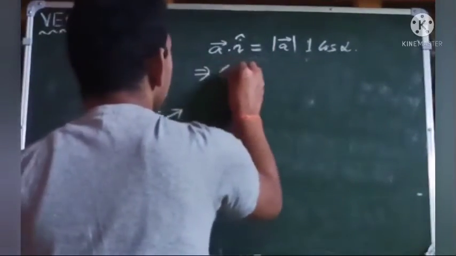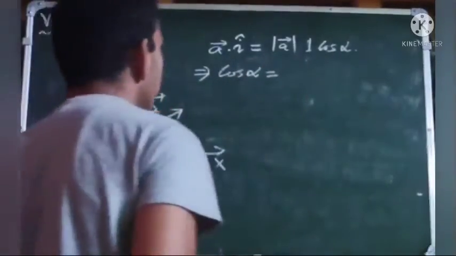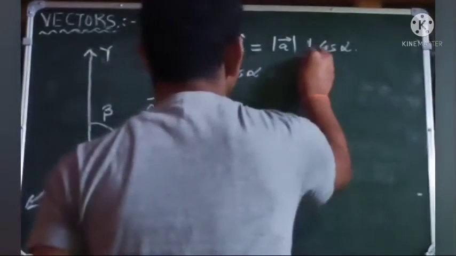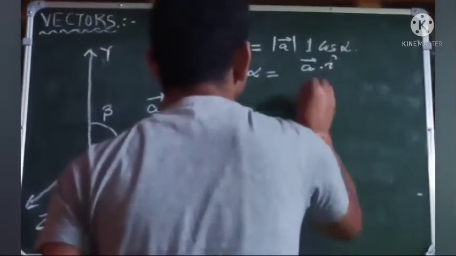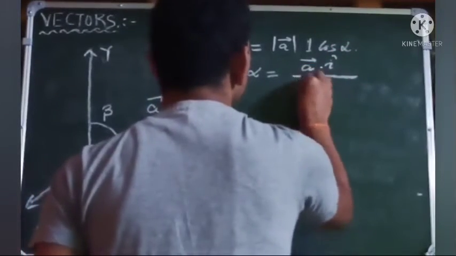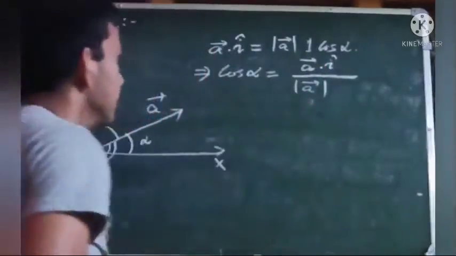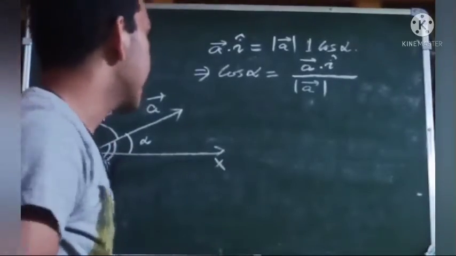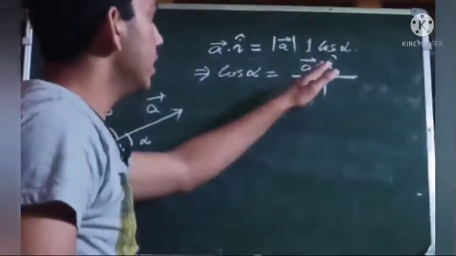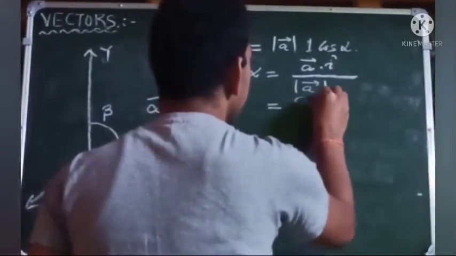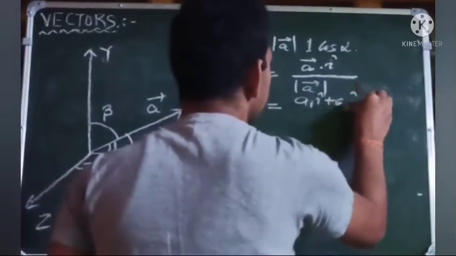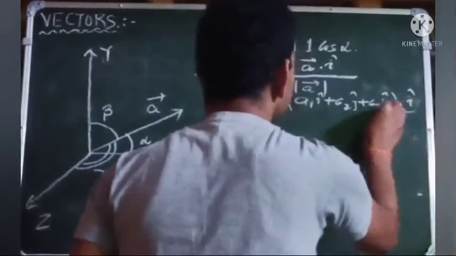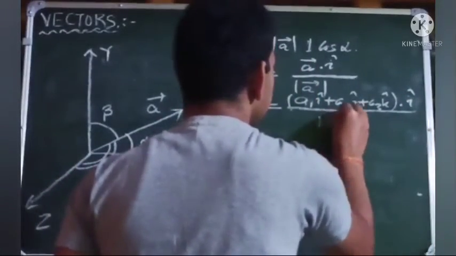Therefore, from here we can write cos alpha is equal to a vector dot I cap upon magnitude of a vector. Now suppose we write a vector as a1 I cap plus a2 j cap plus a3 k cap. Then we can write a1 I cap plus a2 j cap plus a3 k cap dot I cap by magnitude of a vector.